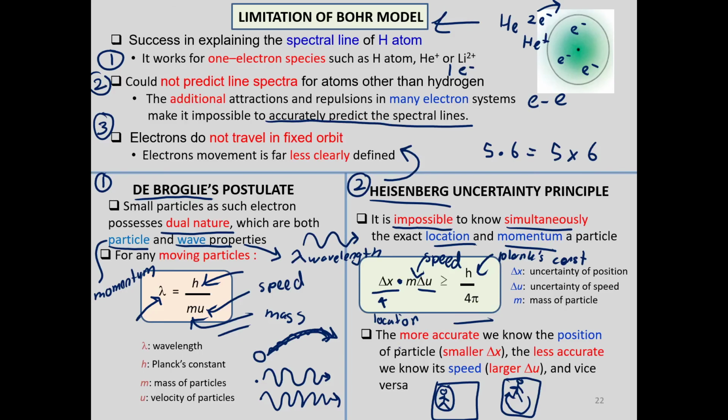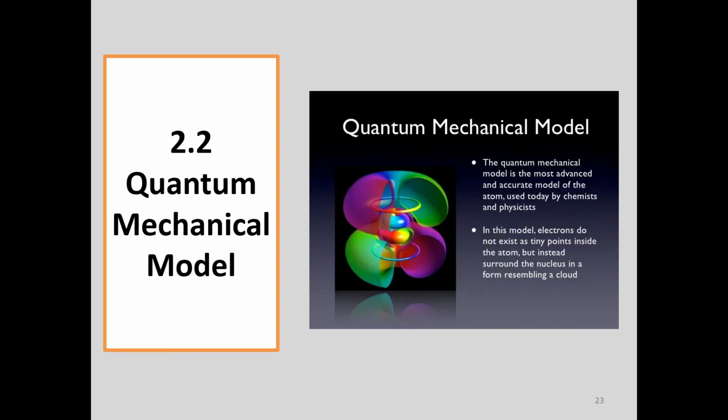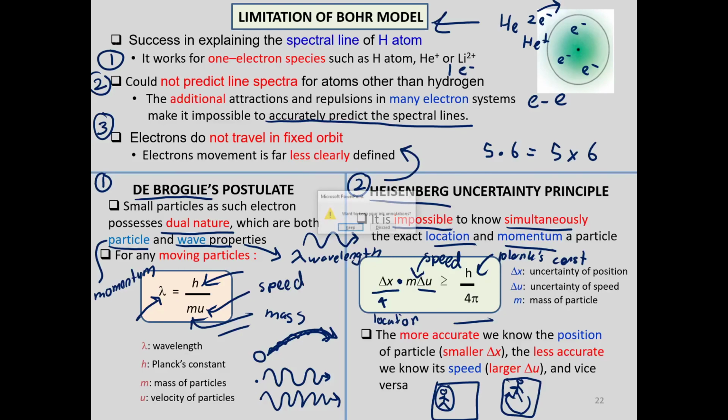So you can either know the location, you don't know its speed, or you know its speed, you don't know its location. So you have to choose either way. You cannot have both. Okay, everything clear so far? Any question? Are there any questions? Hello? No question, sir. Okay. Clear, sir.